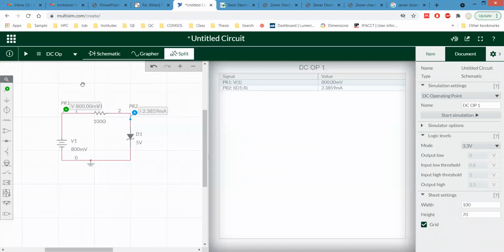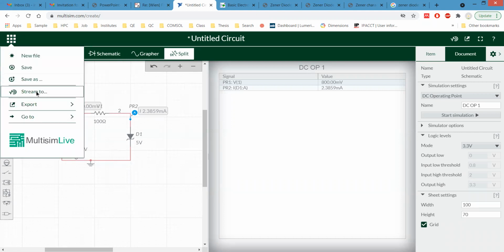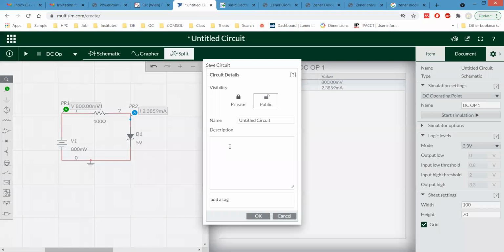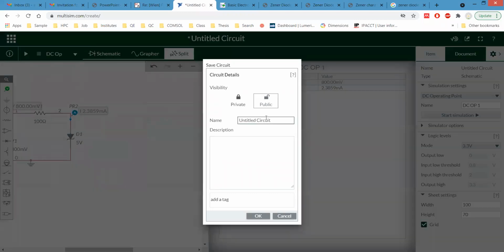We are building the circuit in this multi-simulator. So yes, obviously you can. I already showed you that half wave rectifier and full wave rectifier. Let me show you that one. Okay, save this as a Zener diode.